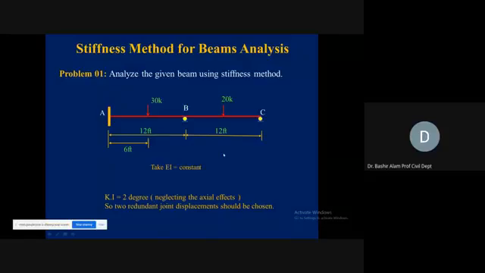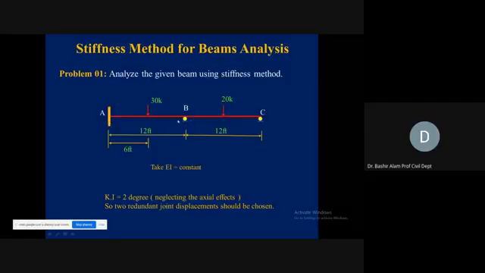Now, take EI equal to constant. We are not talking about anything about the cross-sectional area. It means the axial effects we are ignoring. First, if we take the axial effects, and find the kinematic degree of indeterminacy or the degree of freedom of this problem, A is not allowing any kind of displacement, so here we have 0.